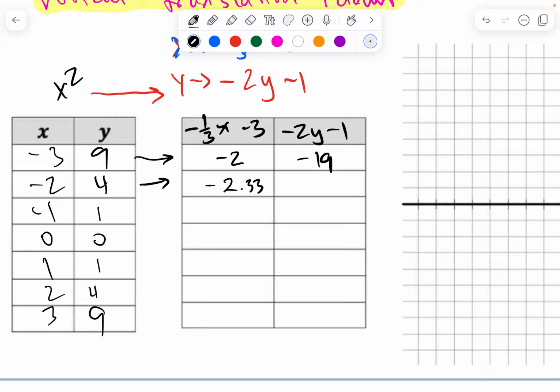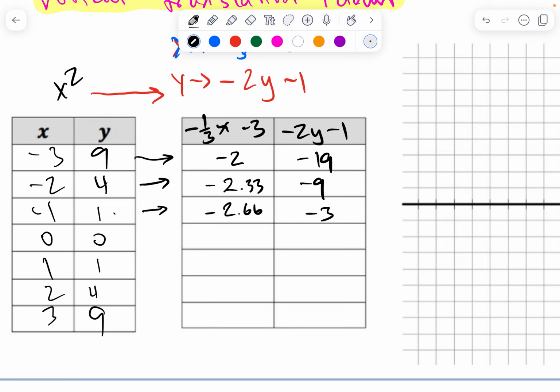And then -2 times 4 is -8. Take away 1 is -9. -1/3 times -1 is 1/3. 1/3 take away 3 is -2.66. And then -2 times 1 is -2. Take away 1 is -3.